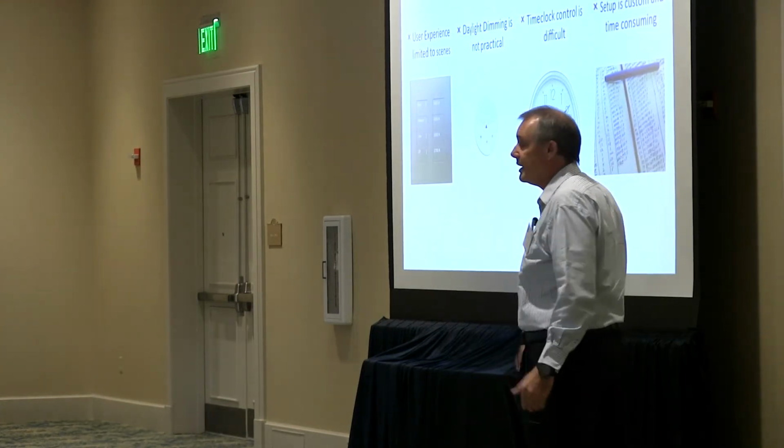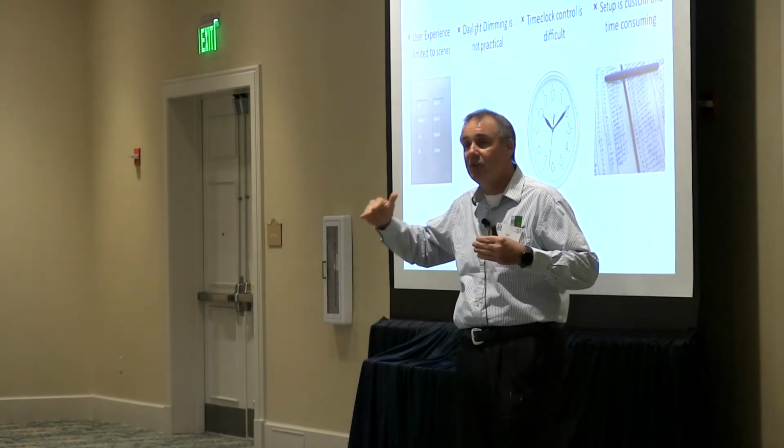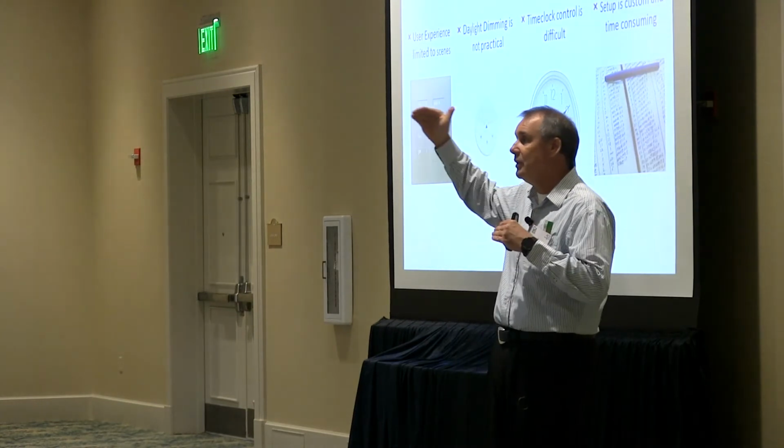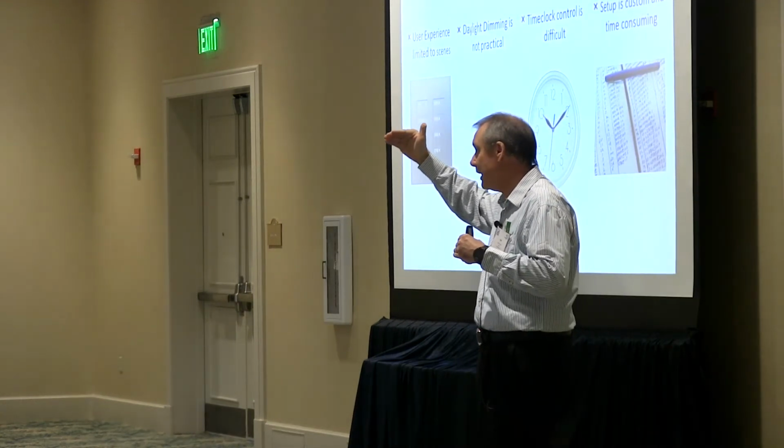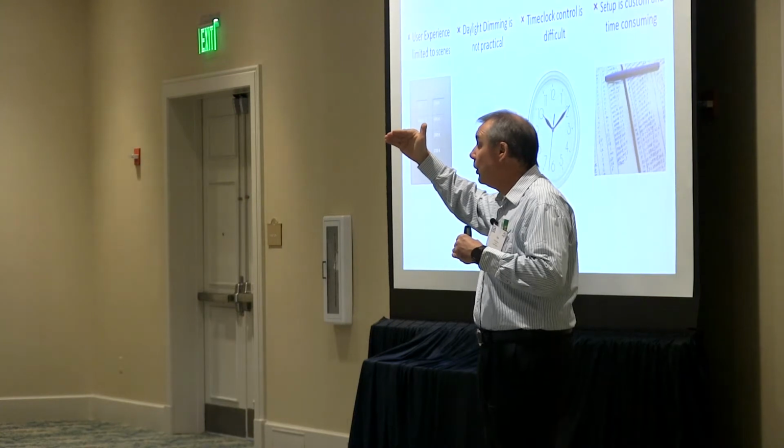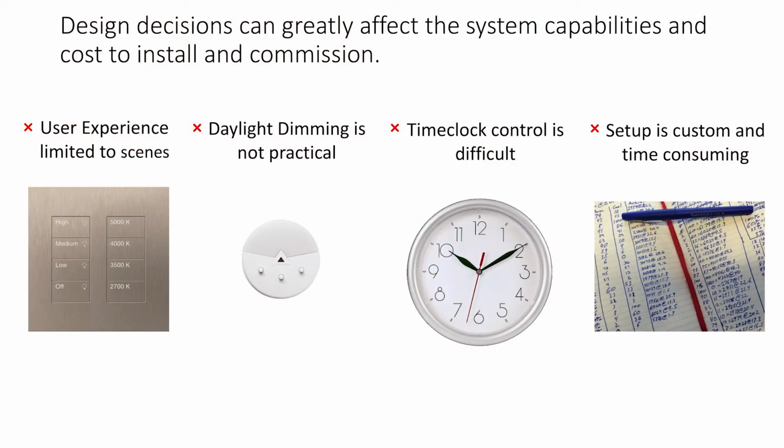Time clock is very difficult because when a time function takes place, there is a transition from one level to the next. Say I set the cool at 50% for my example, and the warm at 20%, and that somehow magically made the right color. Well, one's at 50, one's at 20.